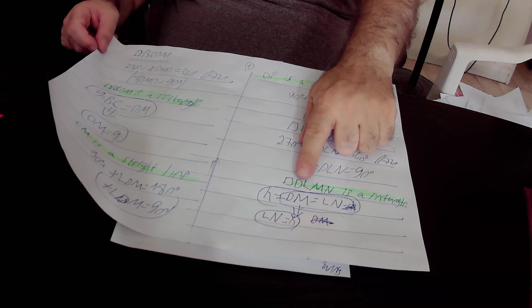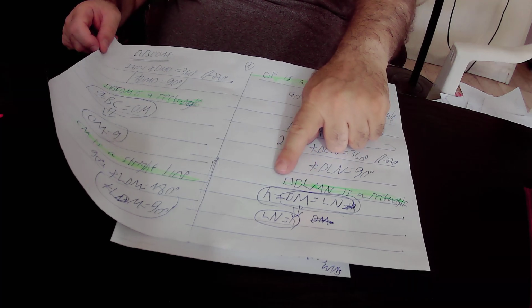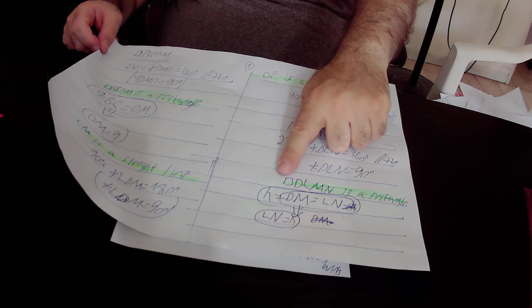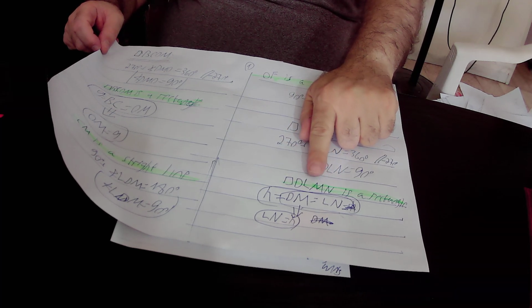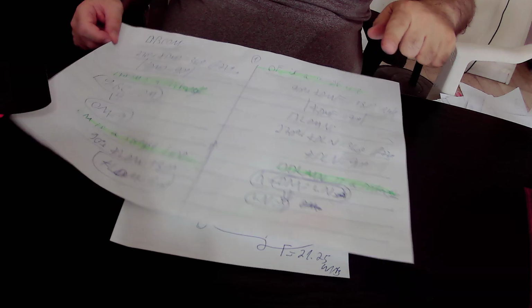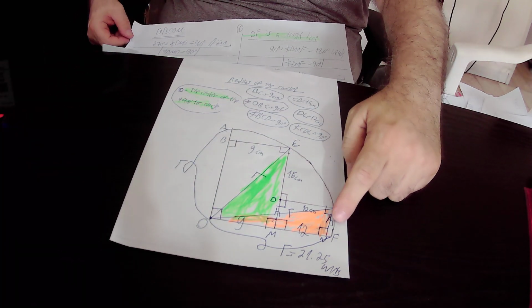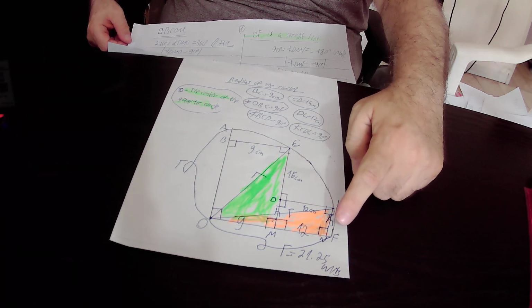According to our definition, DM equals H. So from H equals DM equals LN, we derive that side LN is also equal to H.